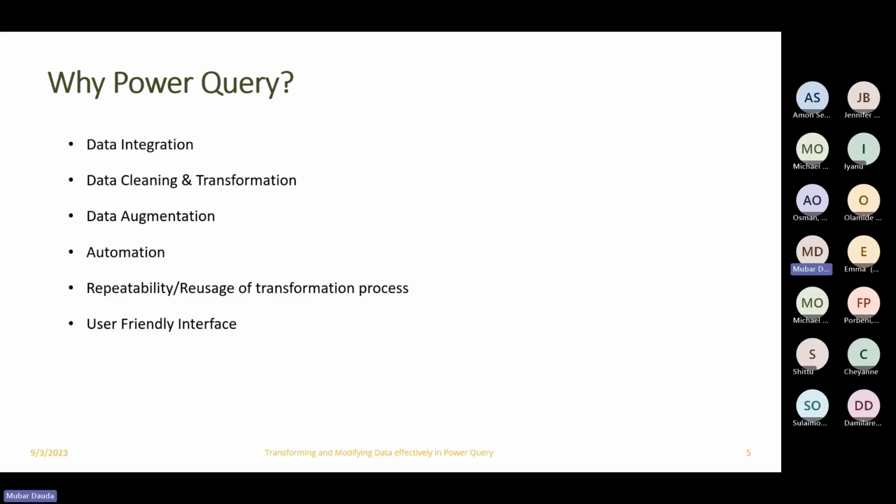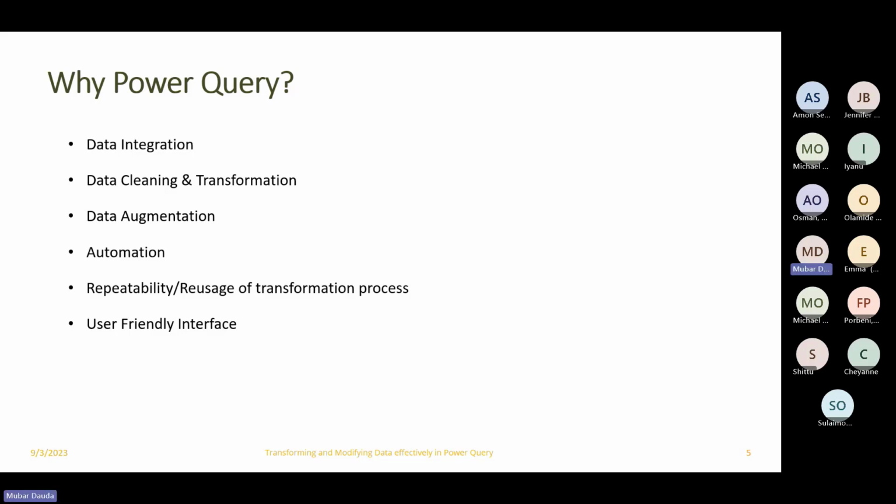Power Query has the feature: you just connect it, copy what you've already done, and apply it to the new data, and everything will transform automatically. So it makes automation and reuse of the transformation process easy, instead of going back through the same steps you started with before. Power Query provides that flexibility of reusing your previous transformation process.